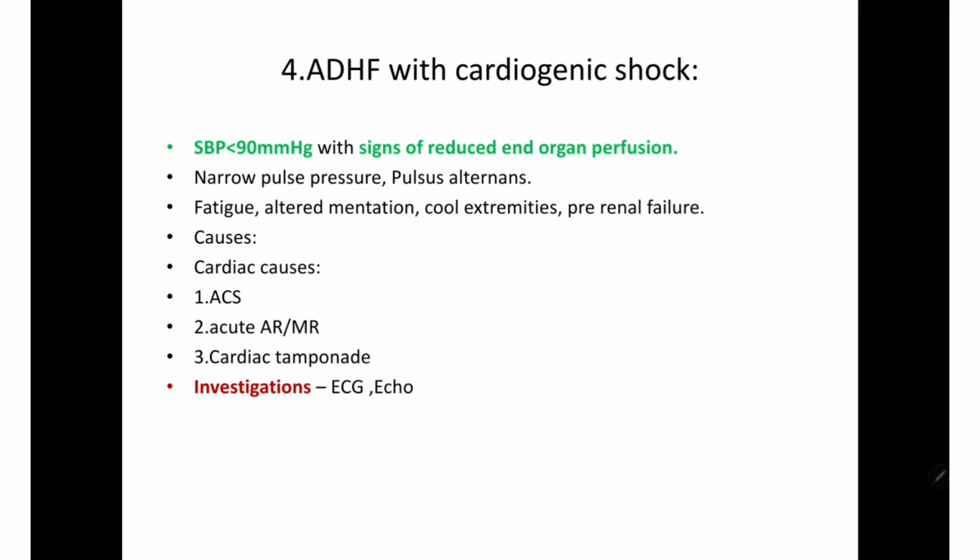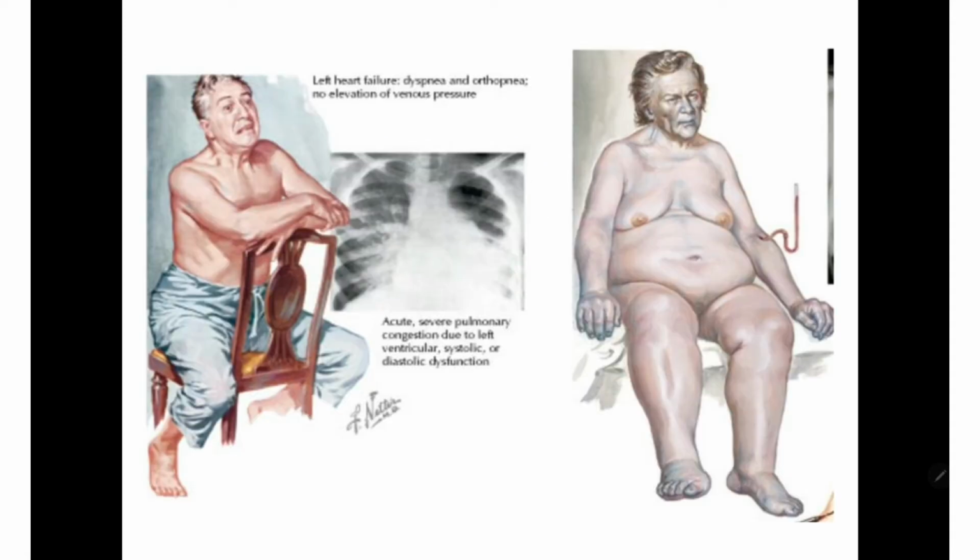The patient is fatigued with altered mentation, cool extremities, and pre-renal failure. The causes of cardiogenic shock in ADHF are mostly acute coronary syndrome, acute AR and MR, and cardiac tamponade. Investigation is the same as in acute pulmonary edema: ECG and echo to rule out the causes.